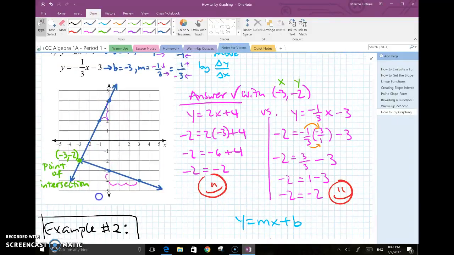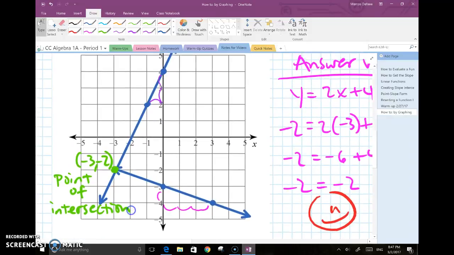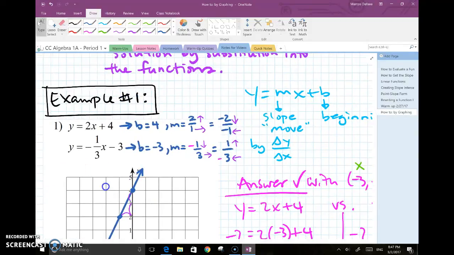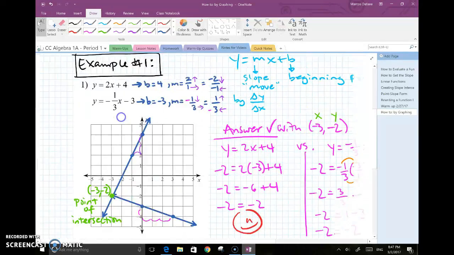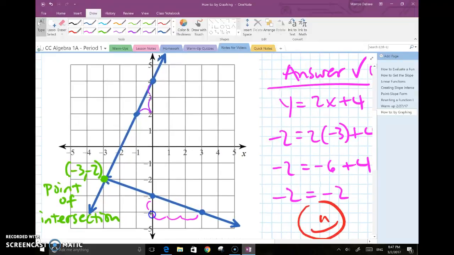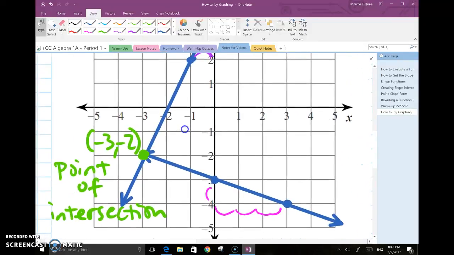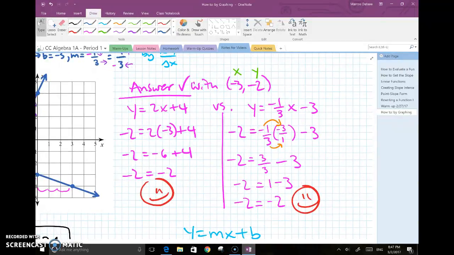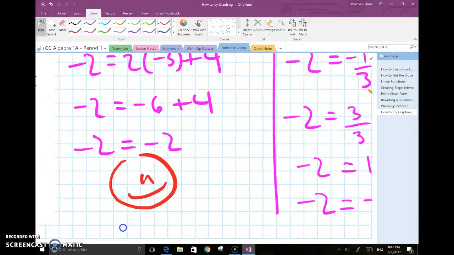So for this group, we saw that the two functions that we started with, which were here, created this graph, which is here, and these two lines intersected at a point at -3, -2, and we tested it out. We found that when I plug in -3 and -2 into each function, it works out.